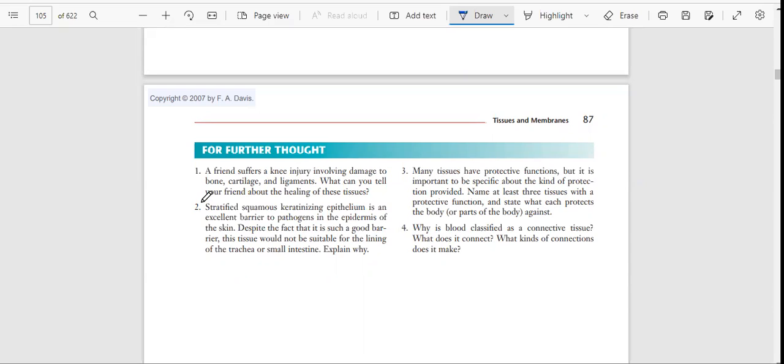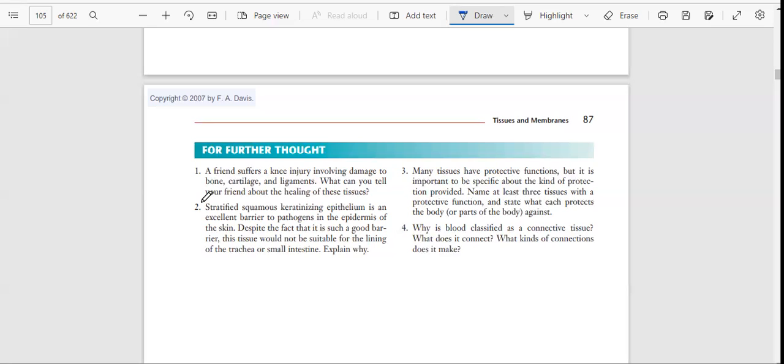First answer, who will heal first? Bone, cartilage, and ligaments. Ligament will heal first.